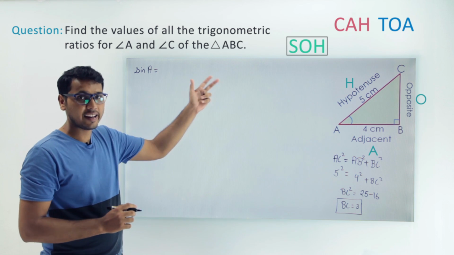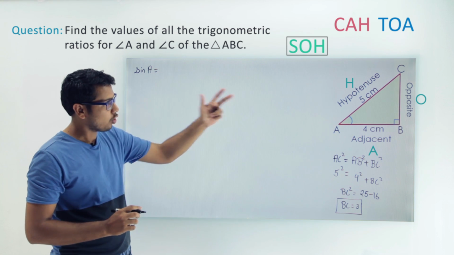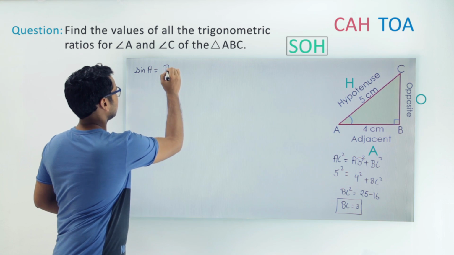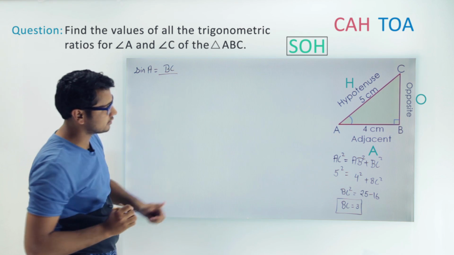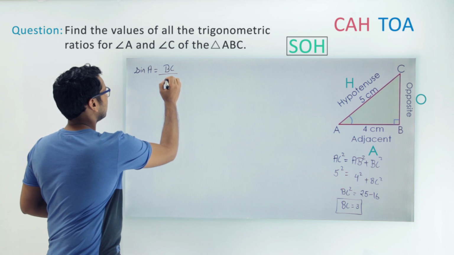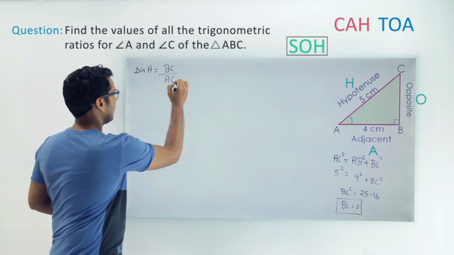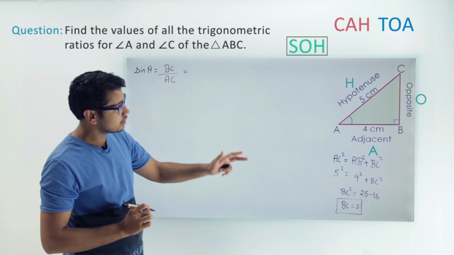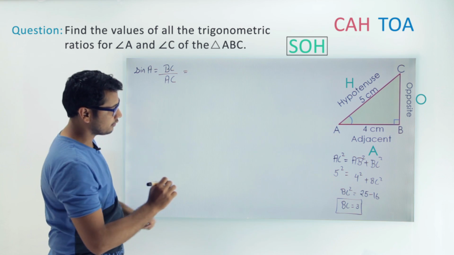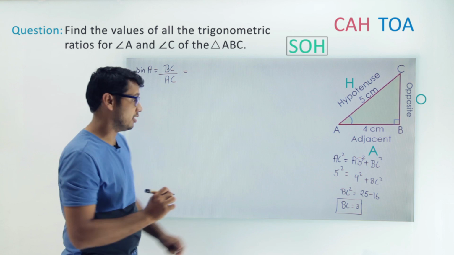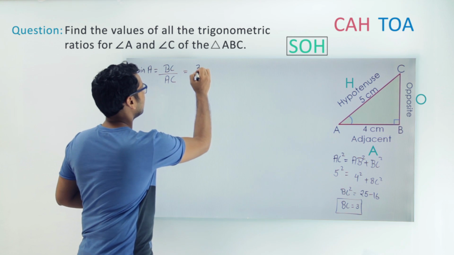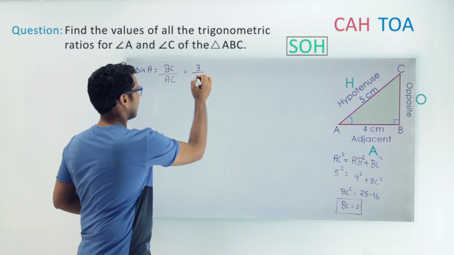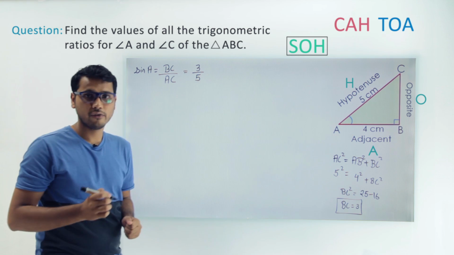So sine of A will be BC upon AC, and then we can put the values. BC we have found out to be 3 centimeters, and AC is 5. So this will come out to be 3 by 5.